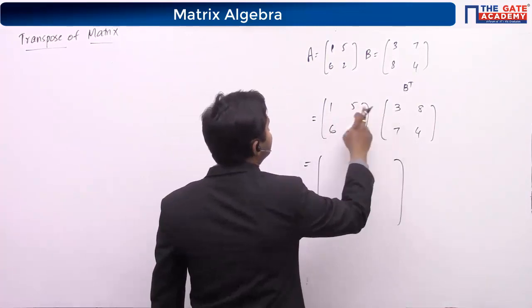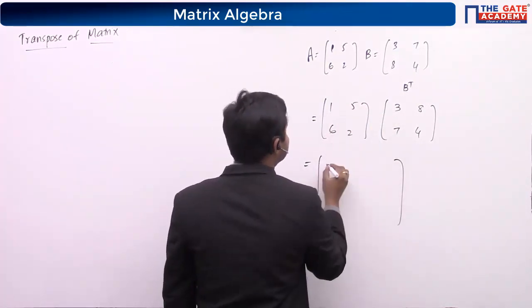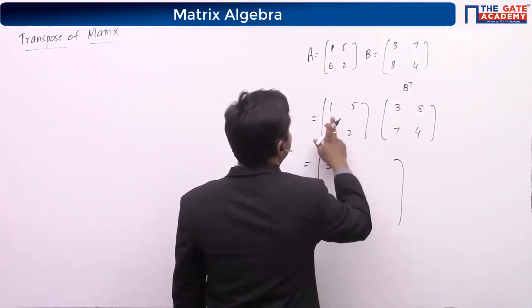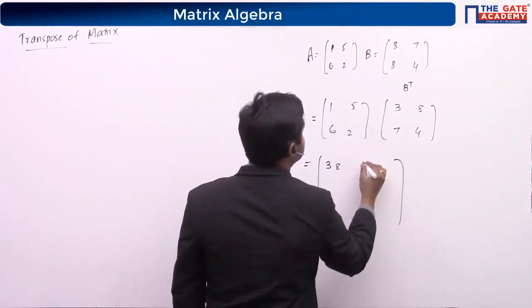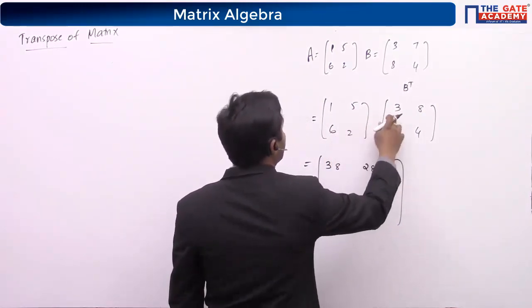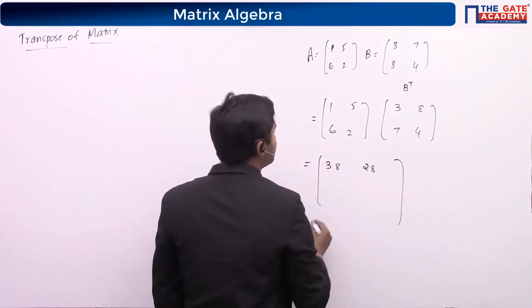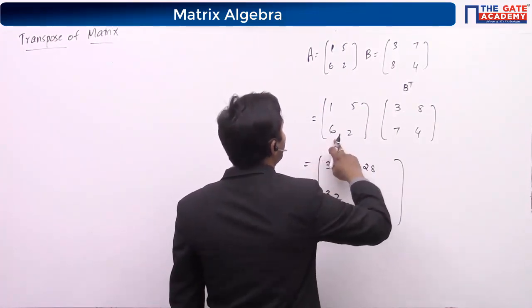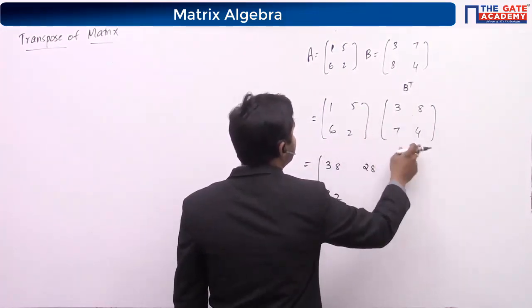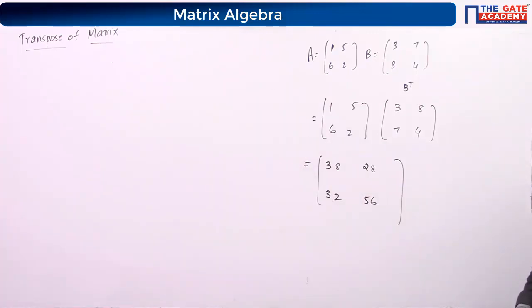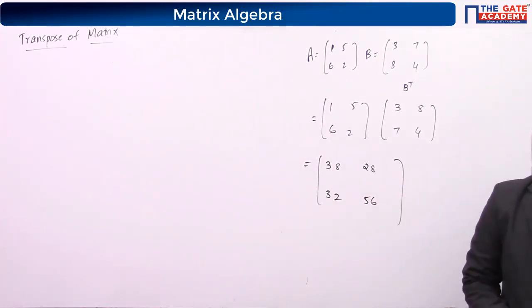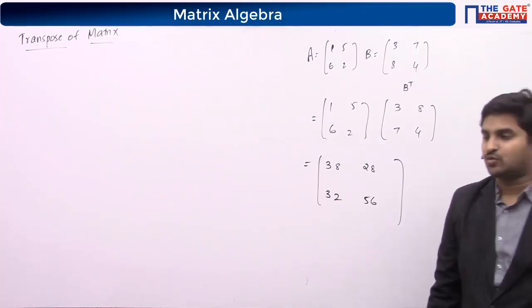So we will have 3 plus 35, which is 38. And then you have 8 plus 20, it is 28. And then you have 18 plus 14, which is 32. And then you have 48 plus 8, 56. So 38, 28, 32, 56. It's the option A.